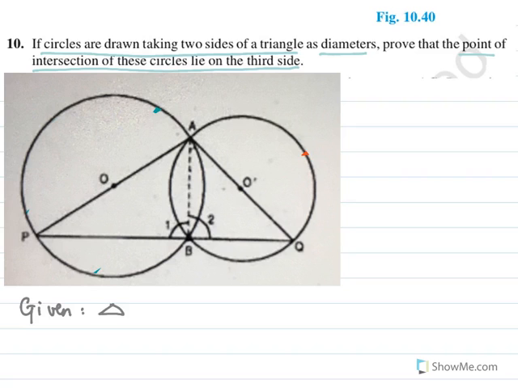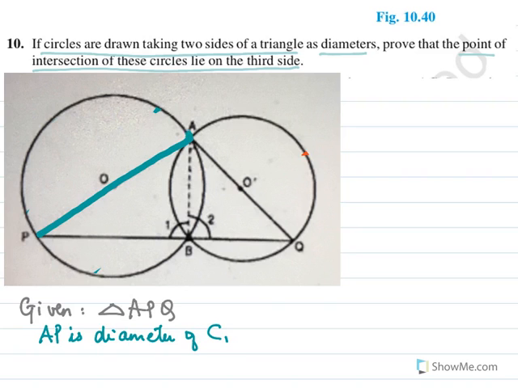So we'll say given triangle APQ, then we have AP is diameter of C1, of circle 1. So I'll just mark that here. AP is the diameter of circle 1. This is circle 1. And on the other side we have AQ is diameter of circle 2.